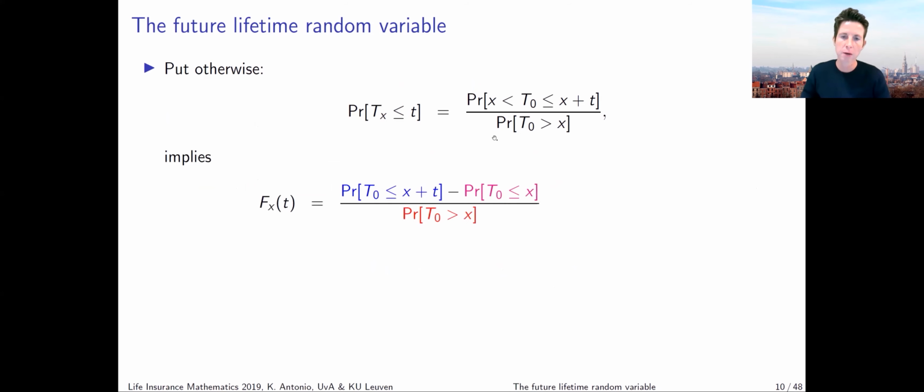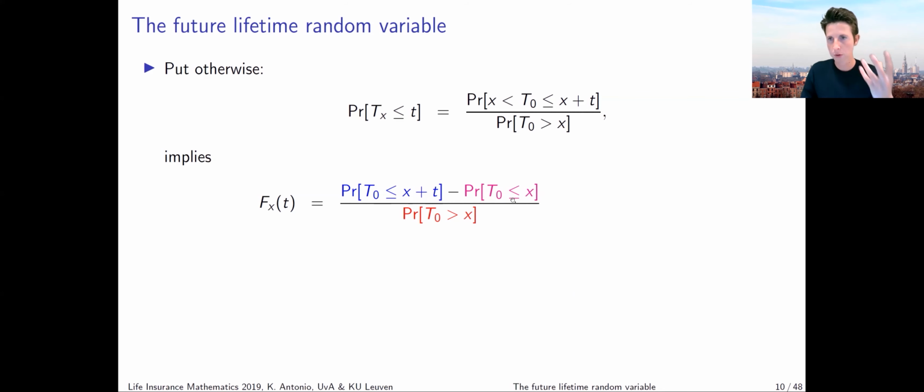So what you see over here is my CDF, the probability Tx less than or equal to t. That's my CDF Fx evaluated in t. So I can write this probability, the probability that T0 is between x and x plus t, as a difference of two probabilities like this.